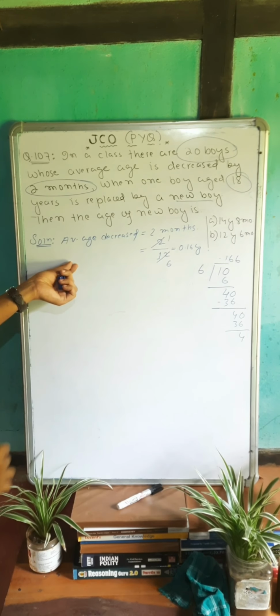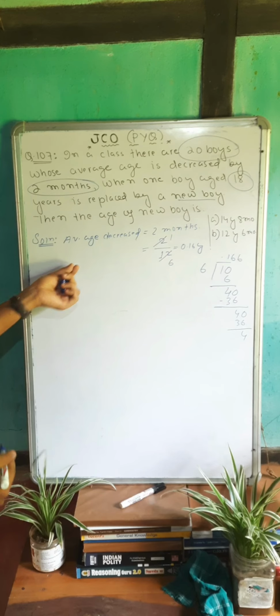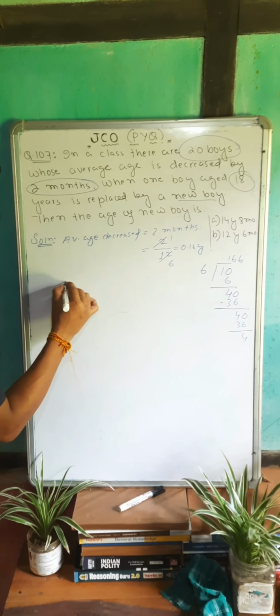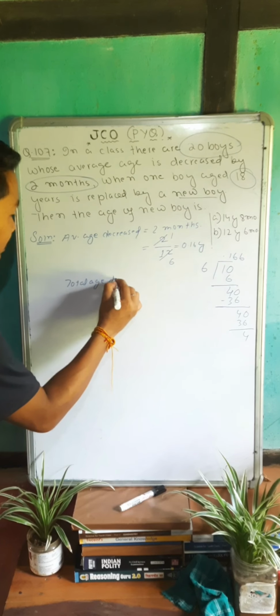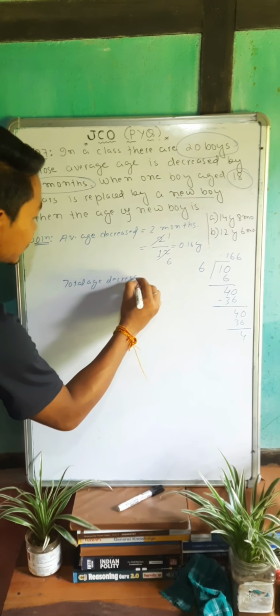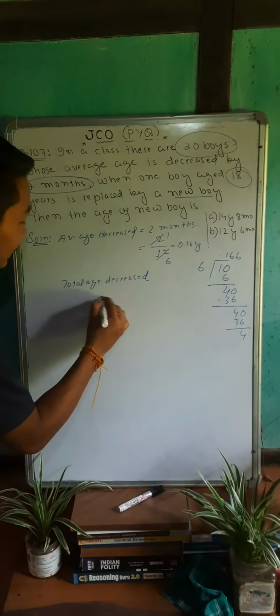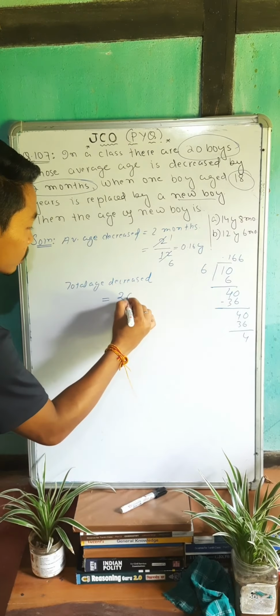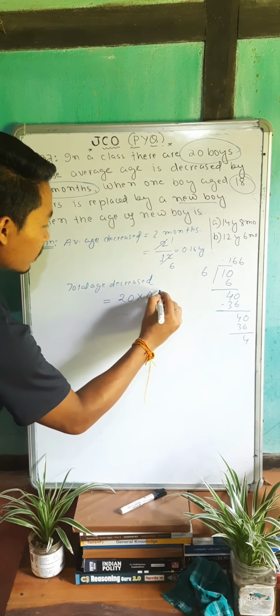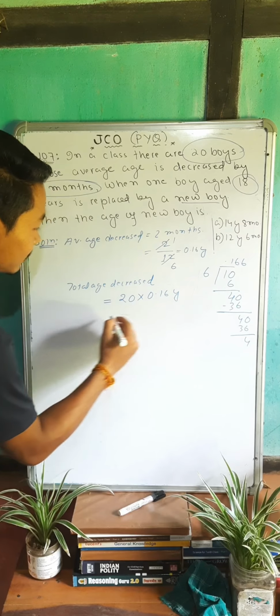So what is the total age decrease in 20 boys? That one we need to find. Total age decreased in 20 boys will give us 20 into 0.16 year.